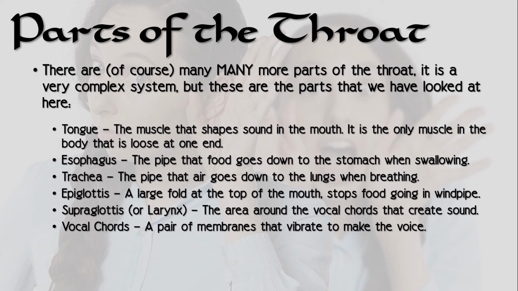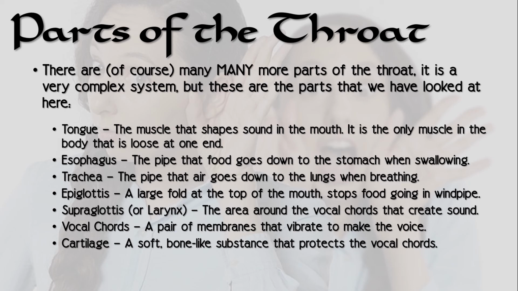And the vocal cords themselves are a pair of membranes that vibrate to make the voice at different frequencies. All of the voice box and the vocal cords are protected by cartilage, which is a soft bone-like substance that protects the area. It is also found in other parts of the body as well.